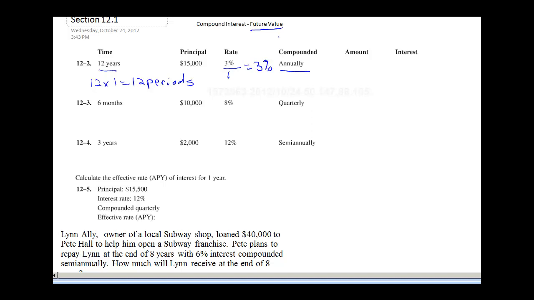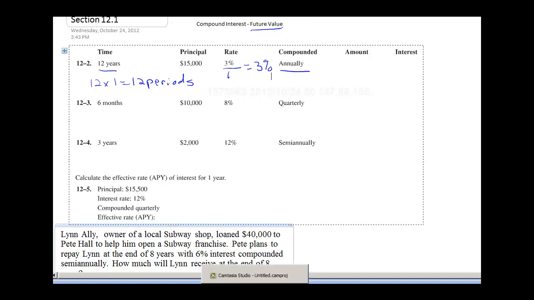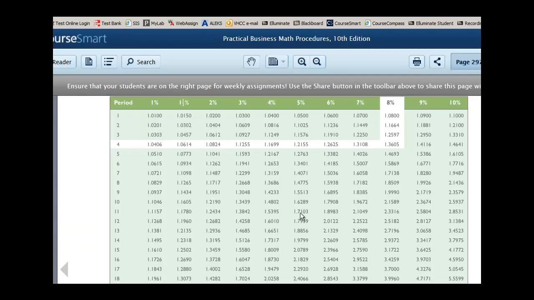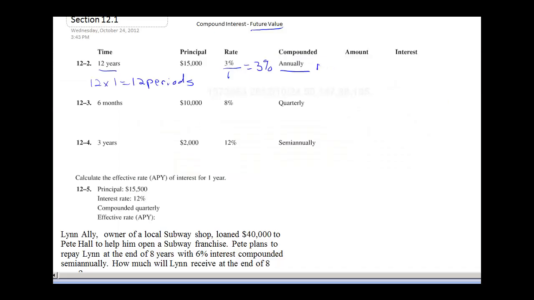And then I need to go to the future value table. That's in your textbook on page 297. And we have 12 periods at 3%. So we go down the column here to 12 and over under 3%, and we find the table factor is 1.4258. To get the total amount that I'll have after 12 years, I'm going to multiply that by 15,000.